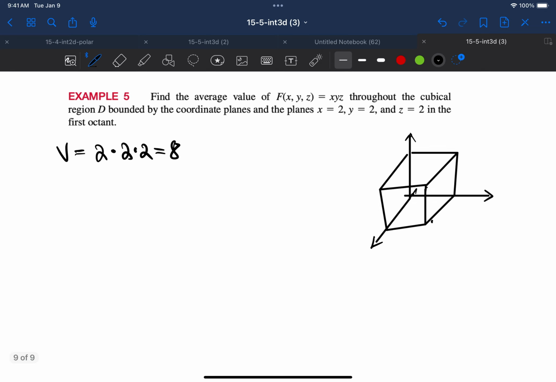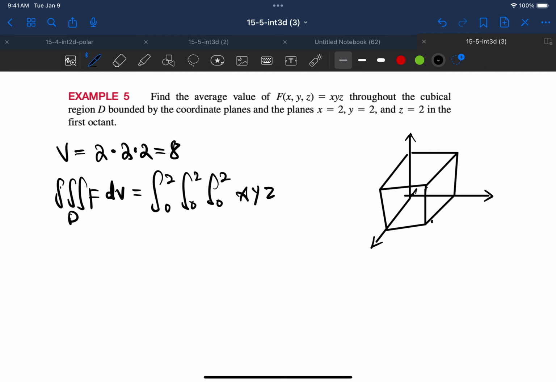But for the average, we want to find the triple integral of f over D, which, for this cubic region, is 0 to 2, 0 to 2, 0 to 2, xyz dx dy dz.